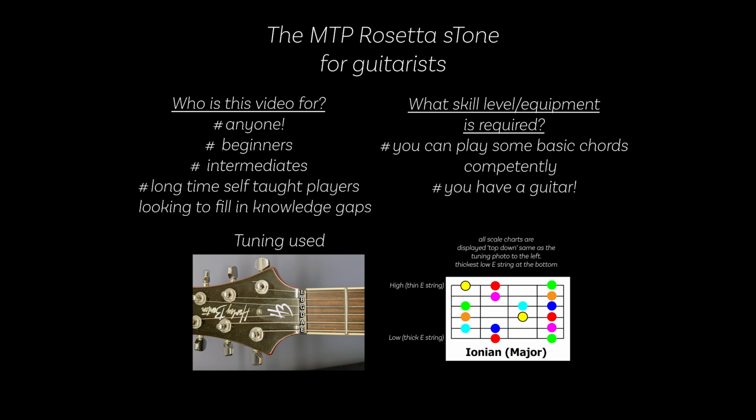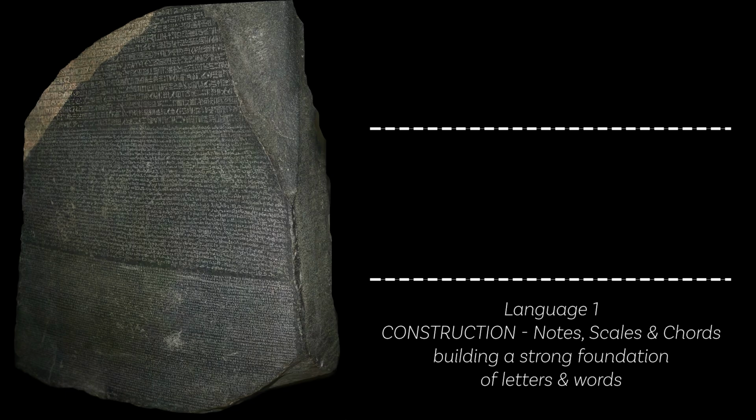It is like looking at your guitar fretboard from the top down, just like the photograph on the left, and the low E string is on the bottom and the high E string is on the top. So without further ado, let's start filling in this Rosetta Stone and unify some concepts together.